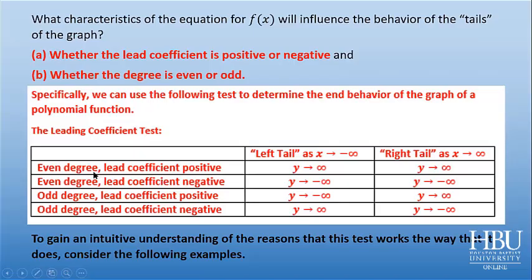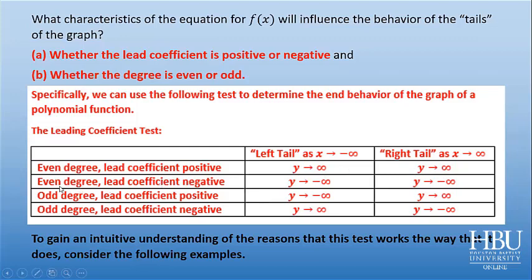If the polynomial is even degree and it has a lead coefficient that's positive, then as x goes to minus infinity on the left or as x goes toward positive infinity on the right, in both cases, the y value is going to be approaching positive infinity. Both the left and right tail of the graph will be going up.